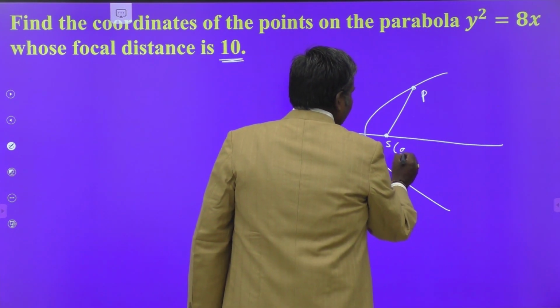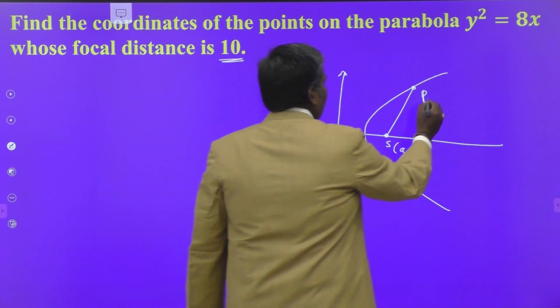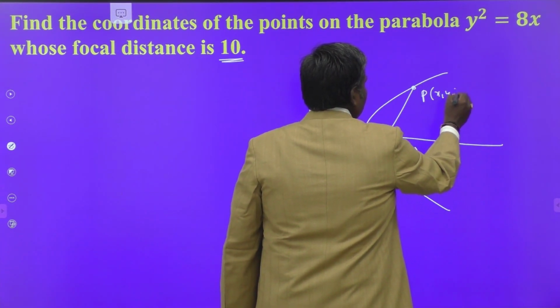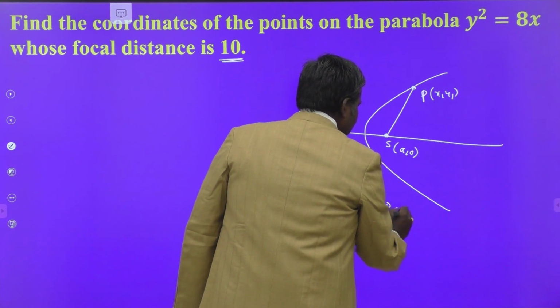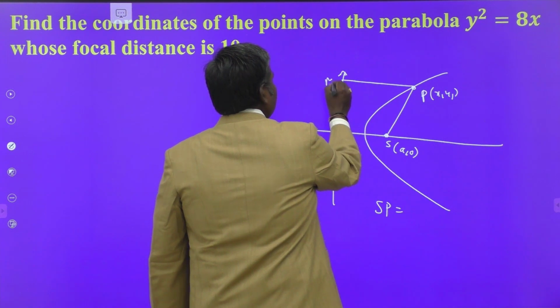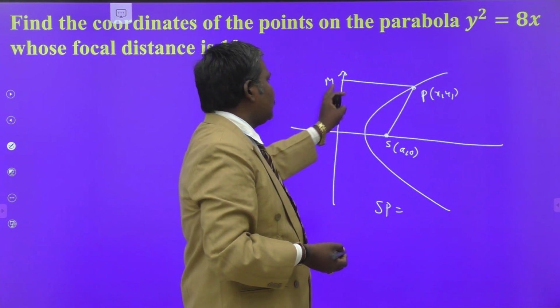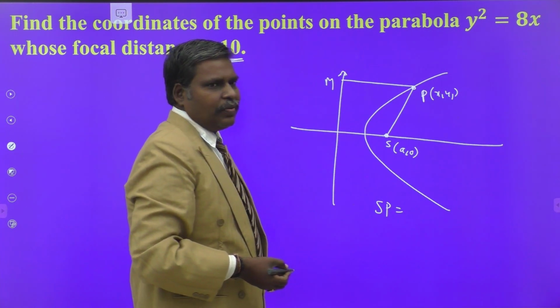Suppose the focus of y squared equals 4ax is (a, 0). Your point P is (x1, y1), SP is your focal distance. Am I correct? SP is equal to PM or not? By definition itself, SP is equal to PM. What is PM? The perpendicular distance from P to your directrix.